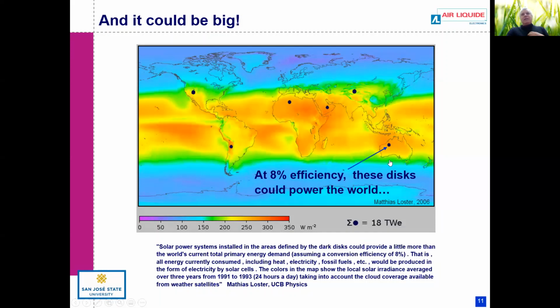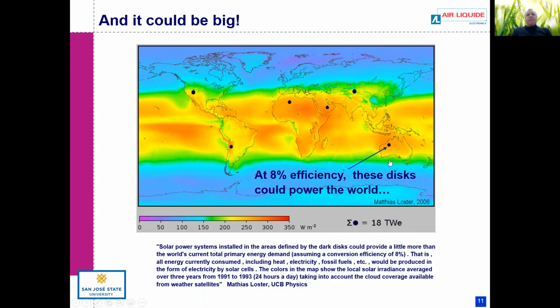So one of the questions is, can solar take a large chunk out of this equation? I think it can, and it depends a little bit on kind of what data you believe, I guess.